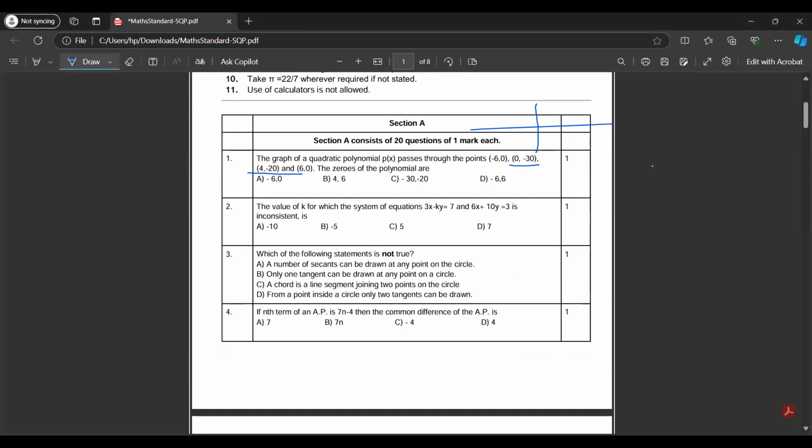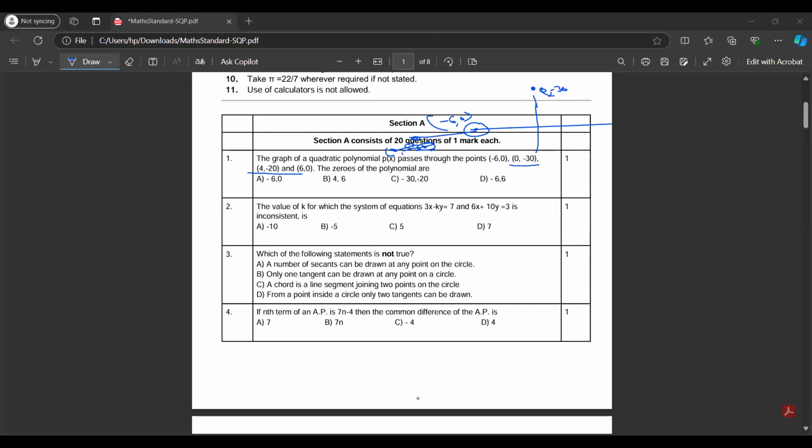So (minus 6, 0), suppose this is minus 6. So it will lie here only. (0, minus 30), so here only. Right, beta? (0, minus 30) will lie on the y-axis. And then (4, minus 20), x-axis is 4, y is minus 20.